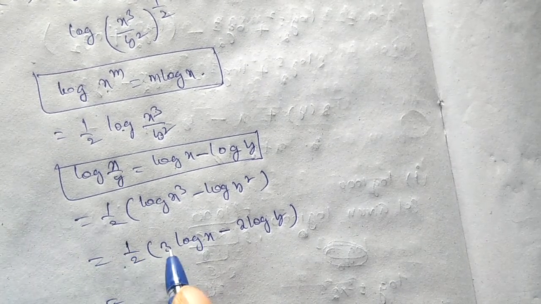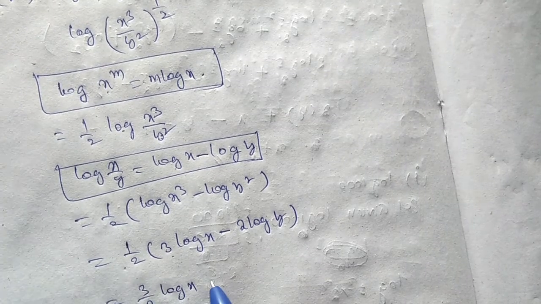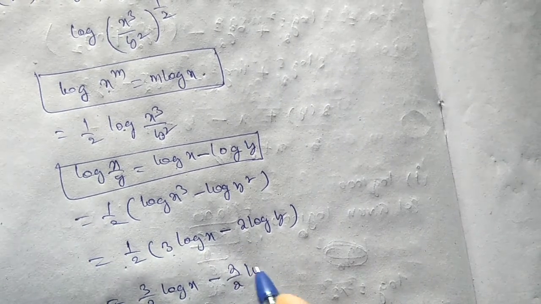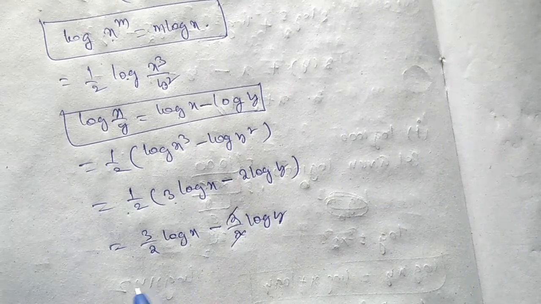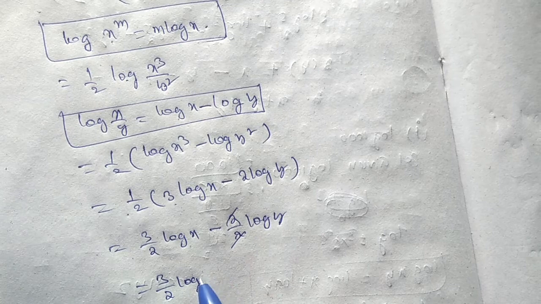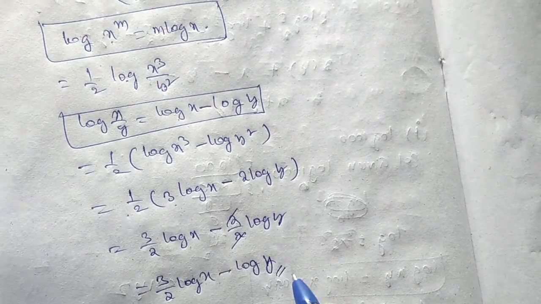So 1 by 2 into 3, 3 by 2 log x, minus 1 by 2 into 2, 2 by 2 log y. Here the 2 cancels. So what we have is 3 by 2 log x minus log y. This is the answer.